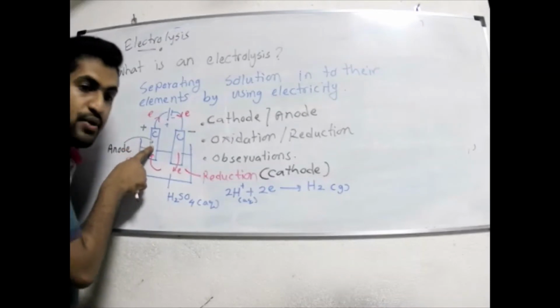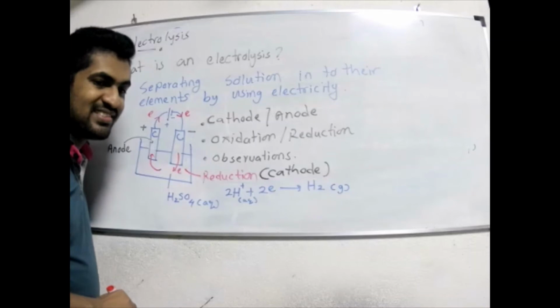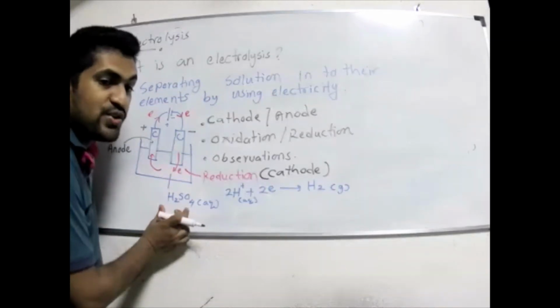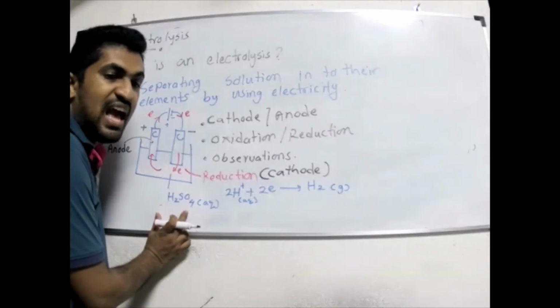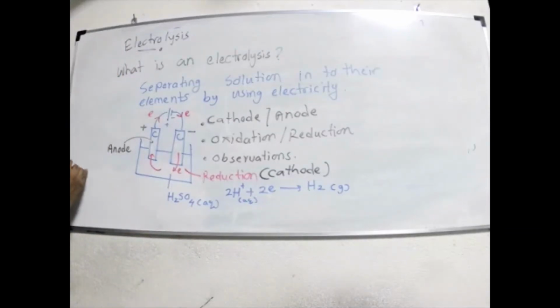This carbon cannot oxidize. Then who can give electrons? I told you H2O aqueous means having water, and water is going through oxidation.